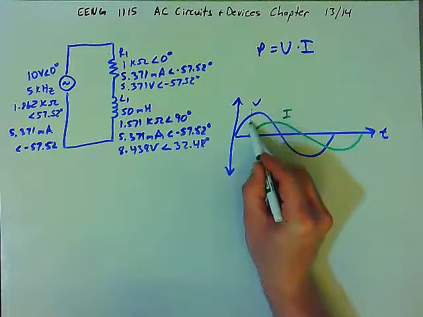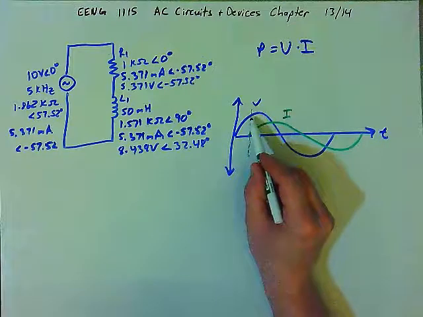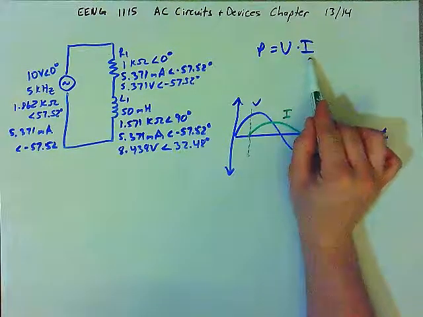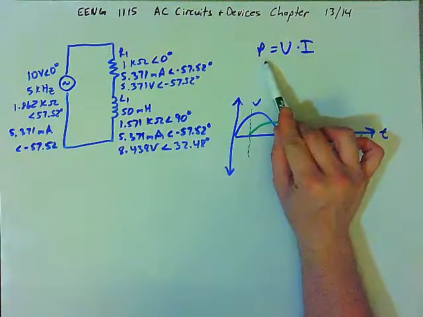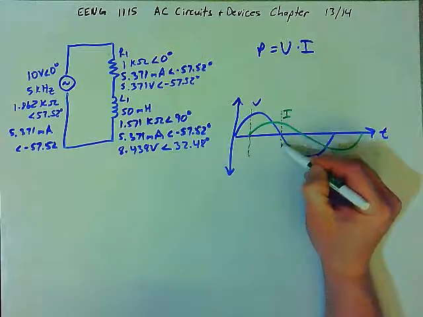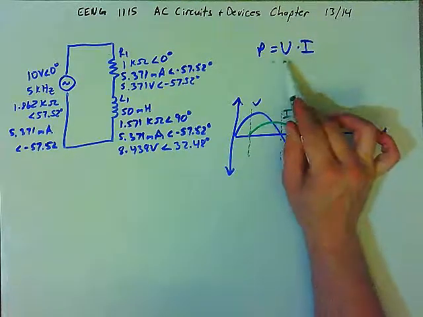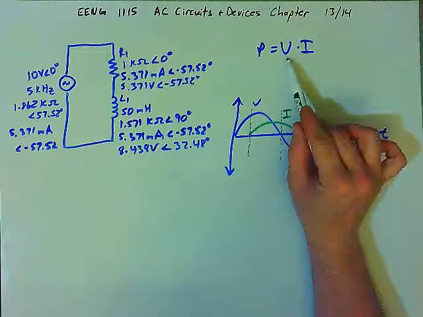At this point in time, the current is 0, but the voltage is a positive value. If the current is 0, the power at that point in time must be 0. And if we look at this point in time, here the voltage is 0, and the current is some positive value. Again, the power must be 0 if the voltage is 0.